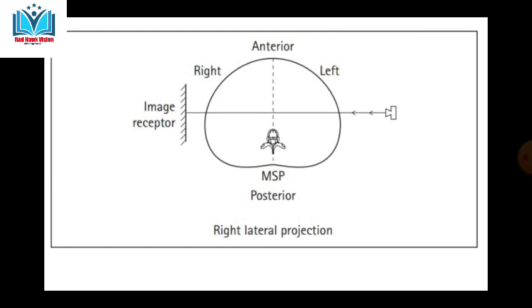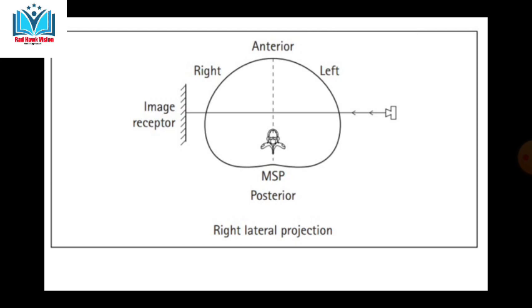So in a right lateral, the central ray enters the body on the left side and passes through the image receptor positioned on the right side. The reverse is a left lateral. In this image, we have the right lateral projection. You can see how the central ray enters from the left side.